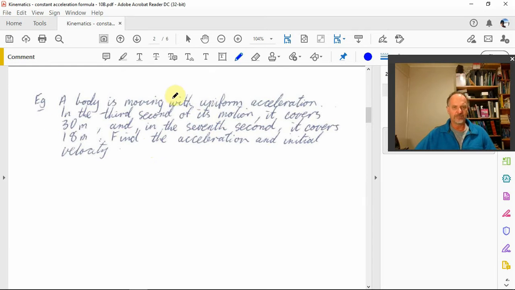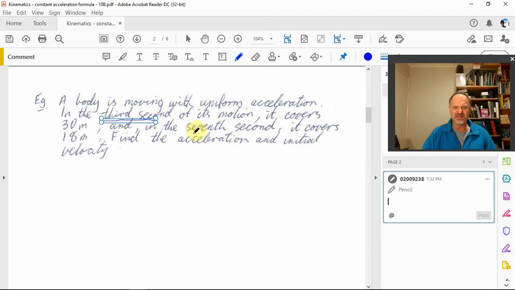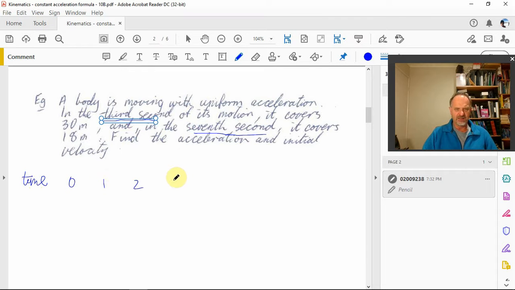Okay, so I need to explain what it means by the 3rd second, the 7th second. So time goes like this. We start at 0, then 1 second, 2 seconds, 3 seconds after we start, 4, 5, 6, 7, and so on. We might go to 8 after that.